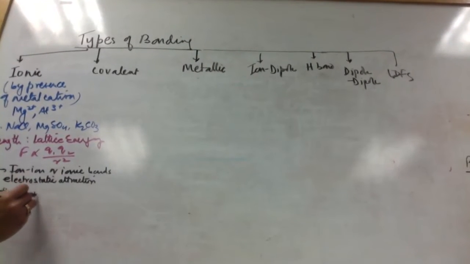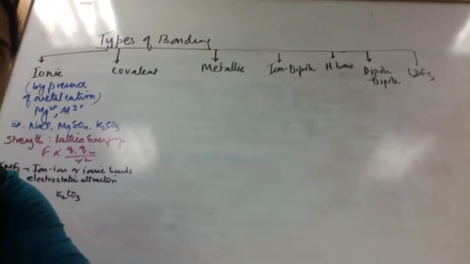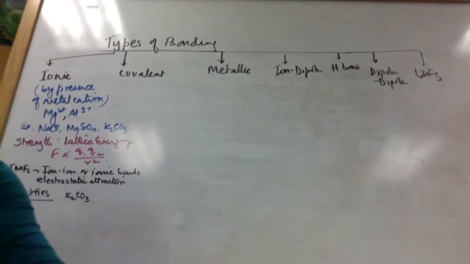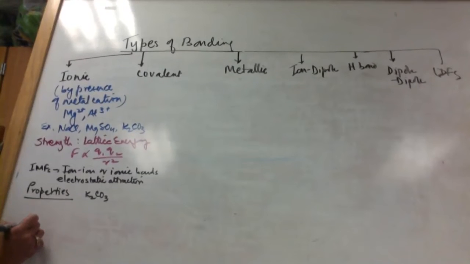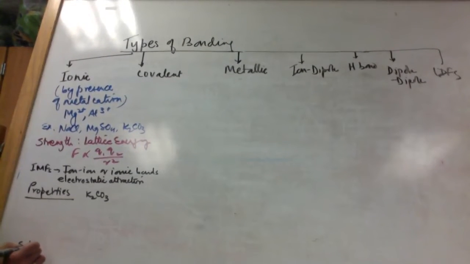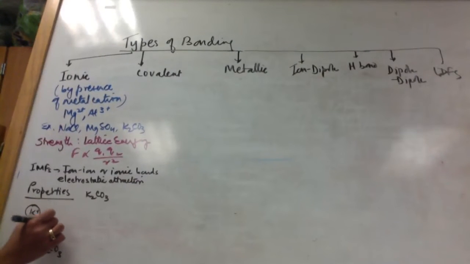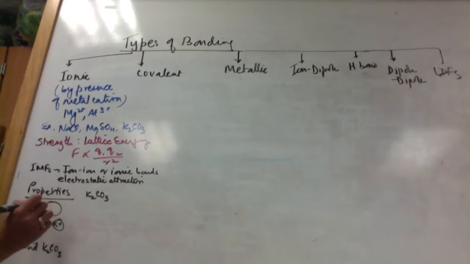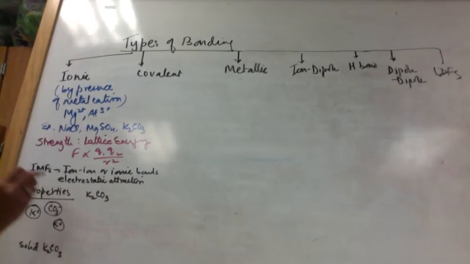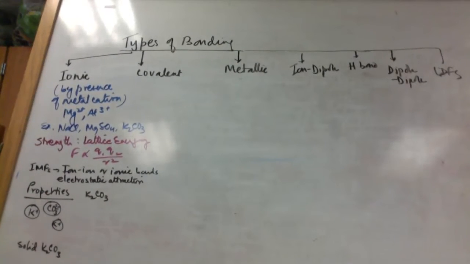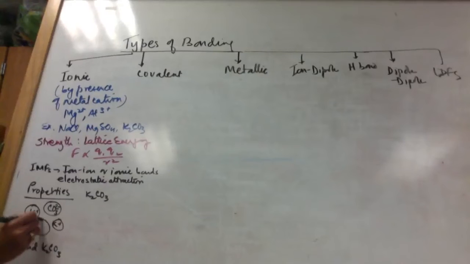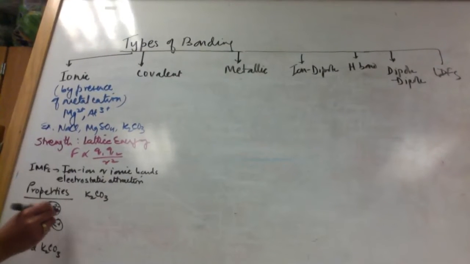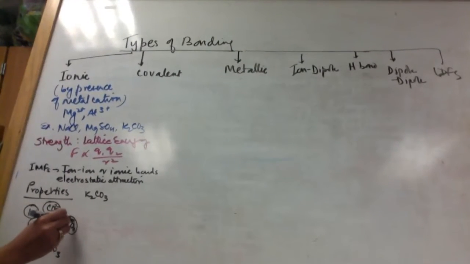First of all, let's take K2CO3. In solid state, if you had to draw K2CO3, then you will draw 2 K+ and 1 CO3 2-. The ratio is important. In solid state, they are pretty close to each other, almost joined, K+ and CO3 2-.